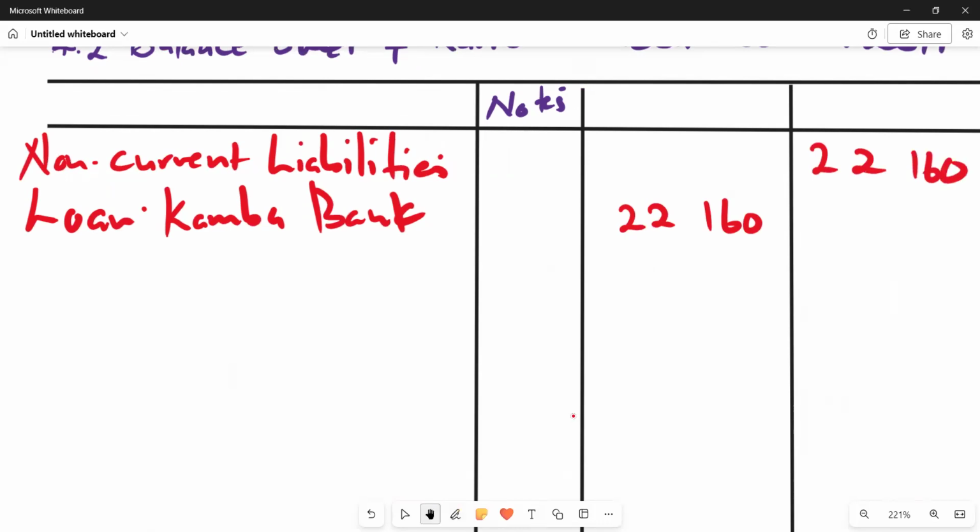Then we go to the next section, which is going to be our current liabilities. Remember, we're only including our liability section. So here we are saying current liabilities.